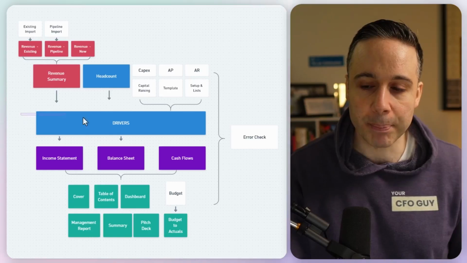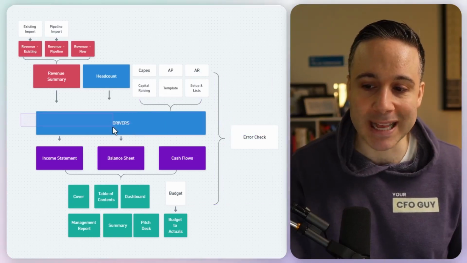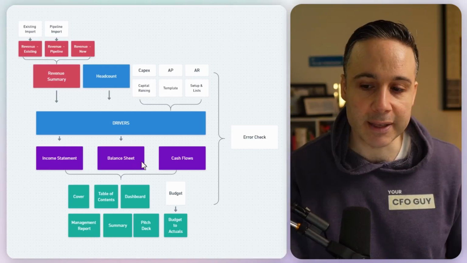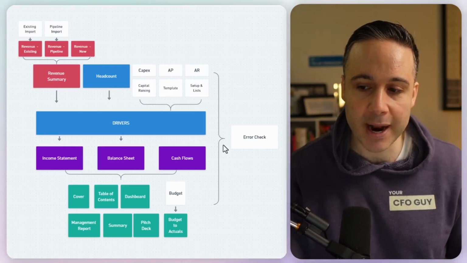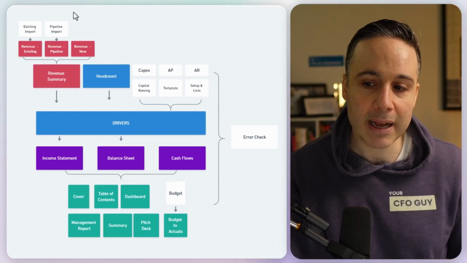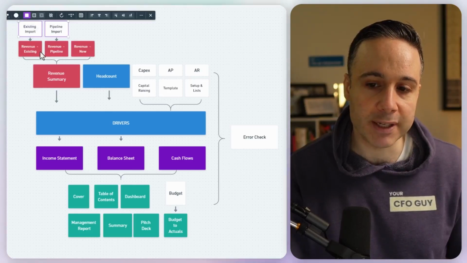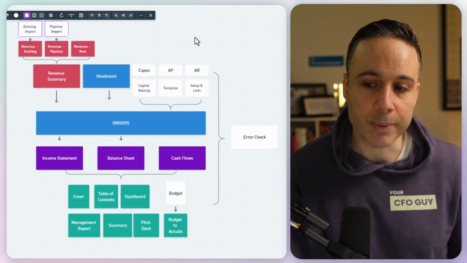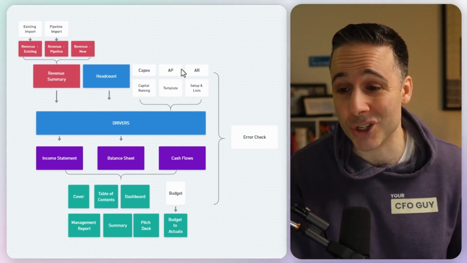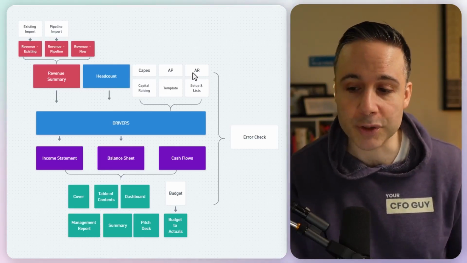As you can see, the bulk of the information takes place and is aggregated in this driver section. That feeds into these three financial statements. And we have an error check, which is checking all the information over here. Now, we may have some additional information that feeds into our revenue build, and we may have some additional information behind the scenes in order to calculate detailed information around our accounts payable or accounts receivable.